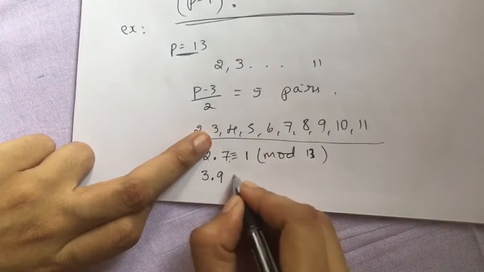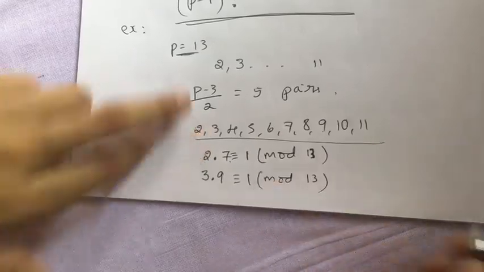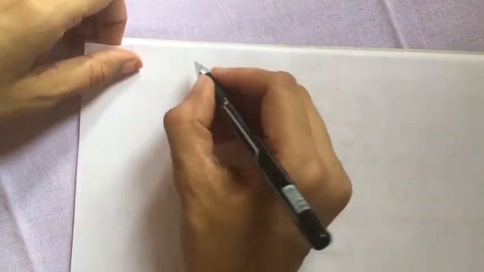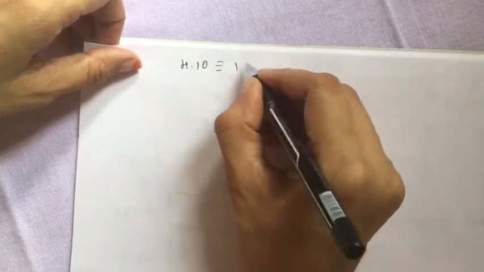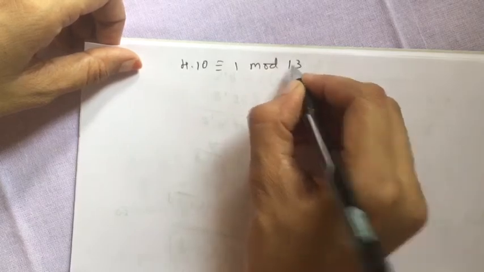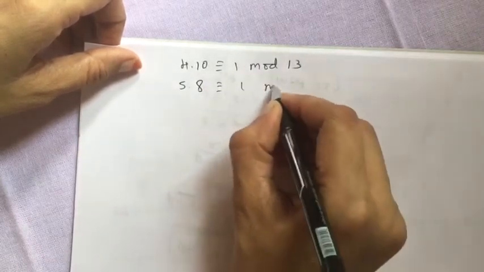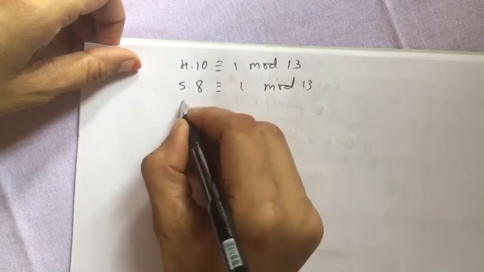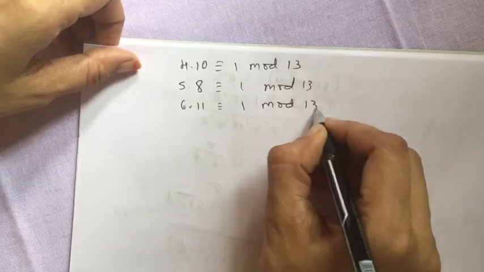Yeah, it's possible. 3 into 9 is congruent to 1 mod 13. Like that, you can combine the pairs. 4 into 10 is also congruent to 1 mod 13. And 5 into 8. Then 6 into 11 is also congruent to 1 mod 13. So you got all these congruences.